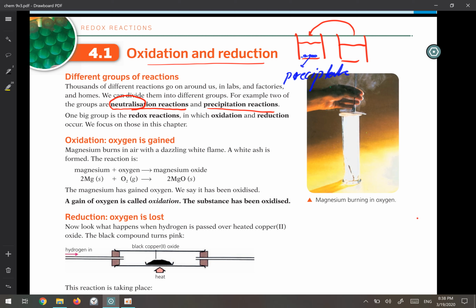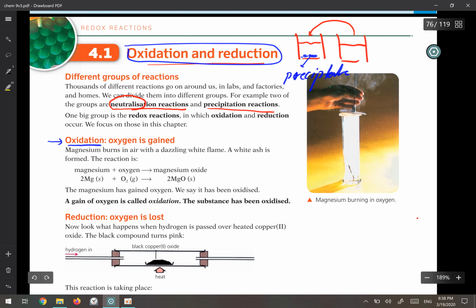Okay, so these are just some groups of the chemical reactions that we have, but we don't want to talk about those. We want to talk about the oxidation and reduction reaction. What is oxidation and reduction reaction? Here the definition of oxidation is given, and here the definition of reduction is given.